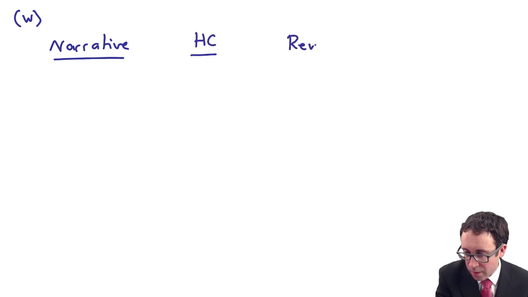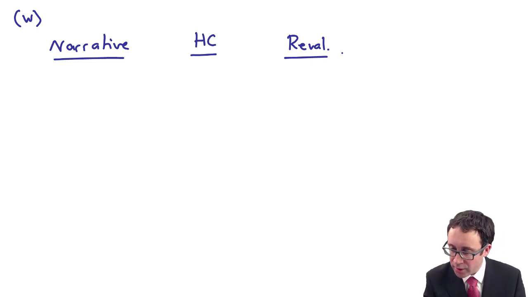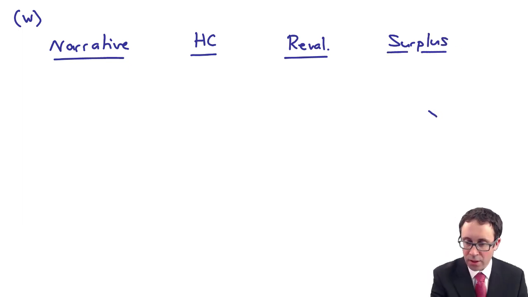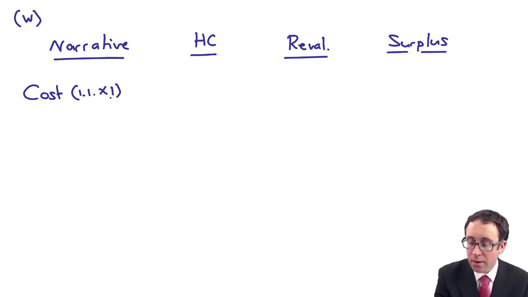Narrative, historic cost, revaluation, and then the surplus. So here we know that we have the cost of the asset. Was that on the 1st of the 1st X1?